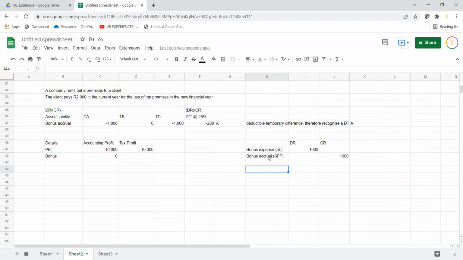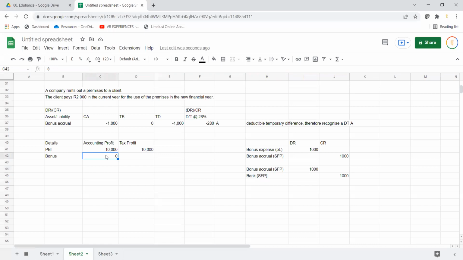So we say debit bonus accrual, SFP, 1,000 Rand. Because they are settling it, making a payment, we credit bank, SFP, 1,000 Rand. So in the current year, it hit the income statement. In future periods, it doesn't hit the income statement, so there will be no adjustment.